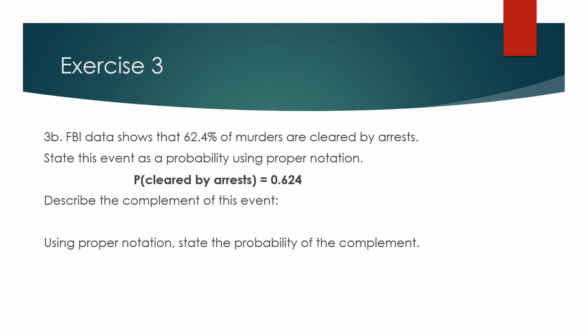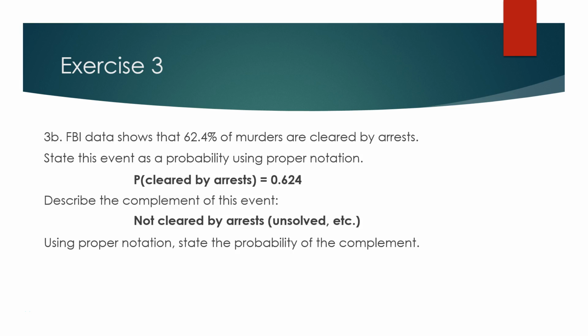So first, the probability that the murder was cleared by arrest, so probability cleared by arrests, is 0.624. That needs to be converted to a probability because the percentage is not. So the probability that it is not cleared by an arrest can actually be a number of things. In class, we usually discuss this for a bit.